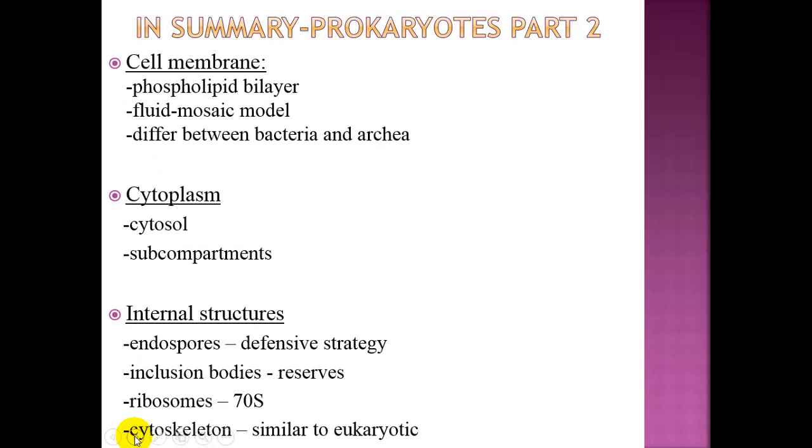In this part 2 of the study of prokaryotes, we looked at the prokaryotic cell membrane, which is a phospholipid bilayer with a fluid mosaic model. We saw the three main differences between the bacterial and archaeal cell membranes. We studied that the cytoplasm is composed of the cytosol and subcompartments, also known as internal structures. The internal structures include the endospores, inclusion bodies, ribosomes, and cytoskeleton.